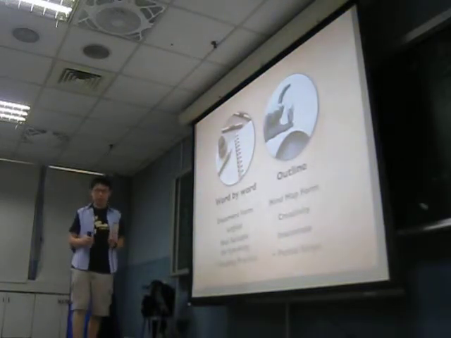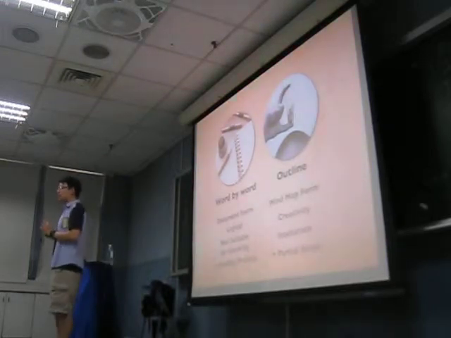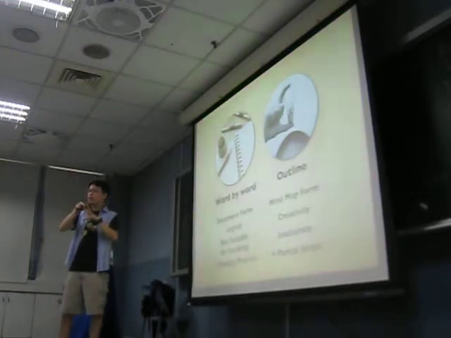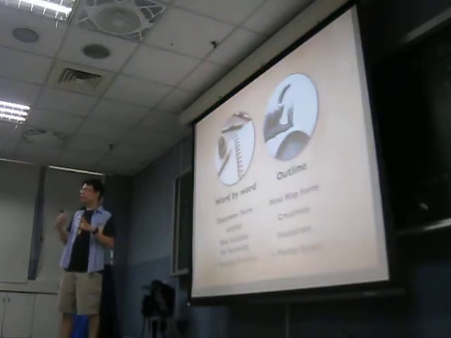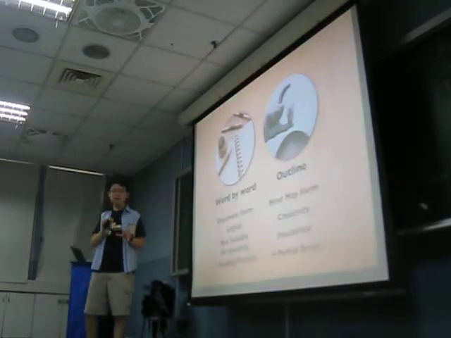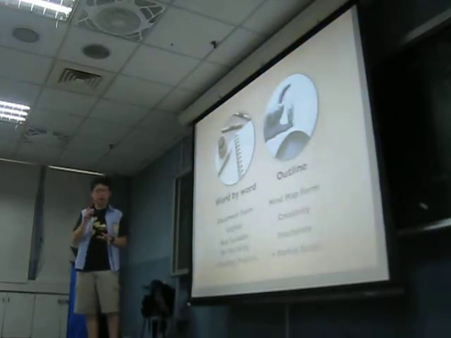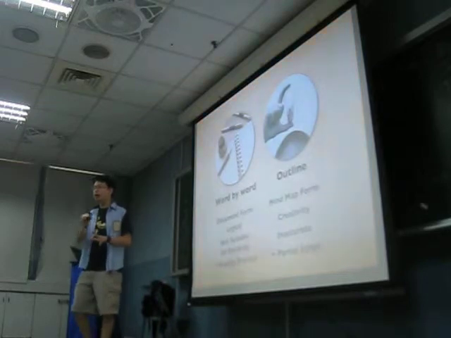So how do we solve this? We often solve this with a partial script, which means that when we are telling something we are already familiar with, we only write down the outlines. But when we are going to introduce something that really has to be very accurate, then we write down the script of that part.